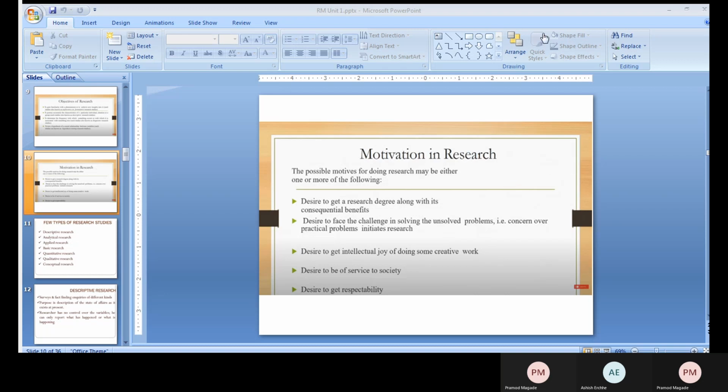Instead of that, we should have the duty that we'll have to complete the task within a particular span of time, and will get some kind of reward. Reward is not like cash money or a post. In case of the motivation of research, we'll get confidence.